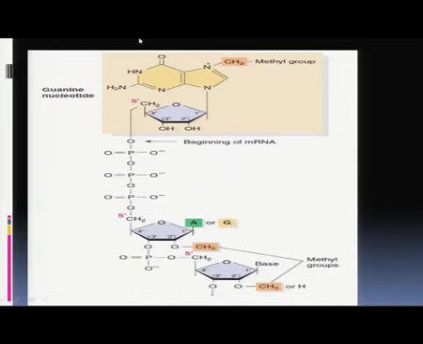You can see this is a particular RNA sequence which is being transcribed. At this 7-methyl guanosine, the 5' end forms the phosphodiester bond with the 5' end of the growing nucleotide, and they form the unusual 5' bond, and this leads to the capping.